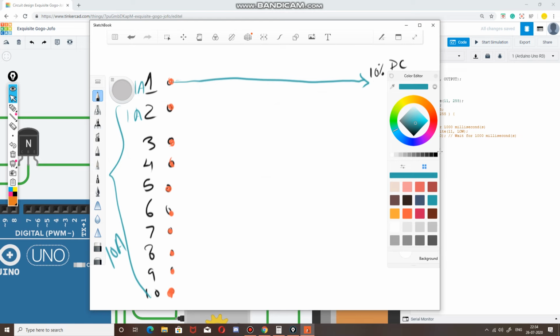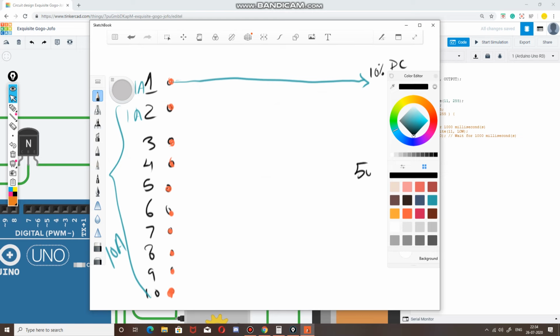Now at 10%, only 1 ampere current could flow through the transistor when the switch is on. Because the switch was on only for 10% of the time, only 1 ampere could flow.